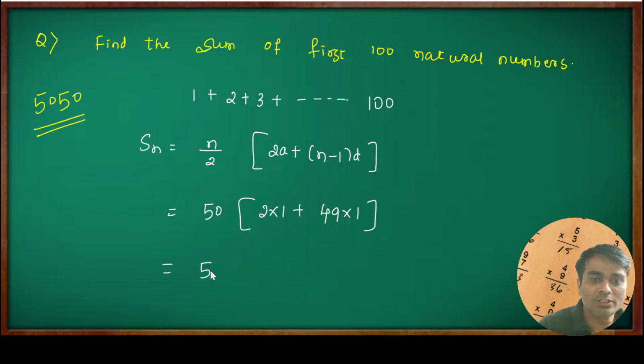So 50 into 101, because n is 100, right? 100 minus 1 will be 99, so here we will get 99.